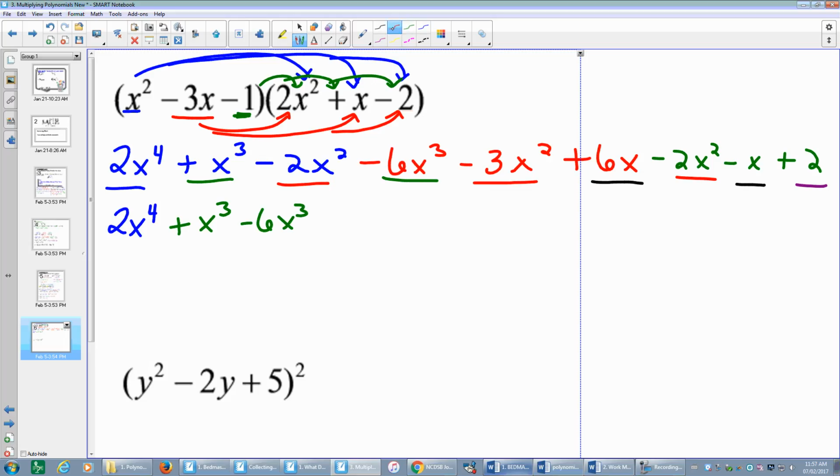And we're going to go to our squares. Minus 2x squared minus 3x squared minus 2x squared plus 6x minus x plus 2.